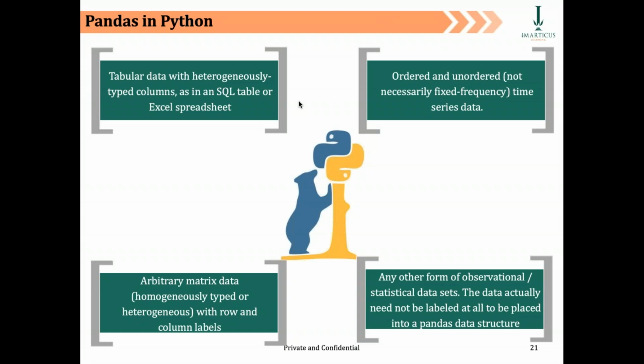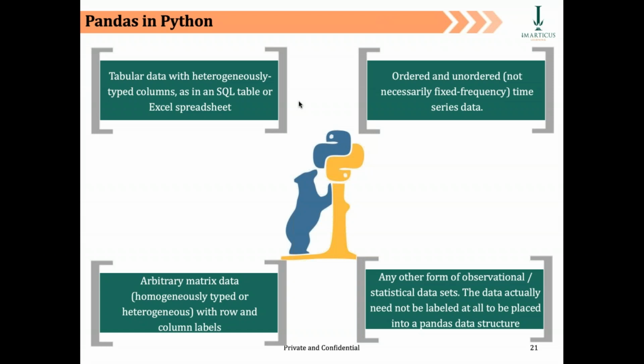Then you can actually use it for time series data manipulation, ordered or unordered. And apart from it, you can also handle arbitrary matrix data, either homogeneous or heterogeneous, with row and column labels. And any other form of observational statistical data sets, you can use pandas.